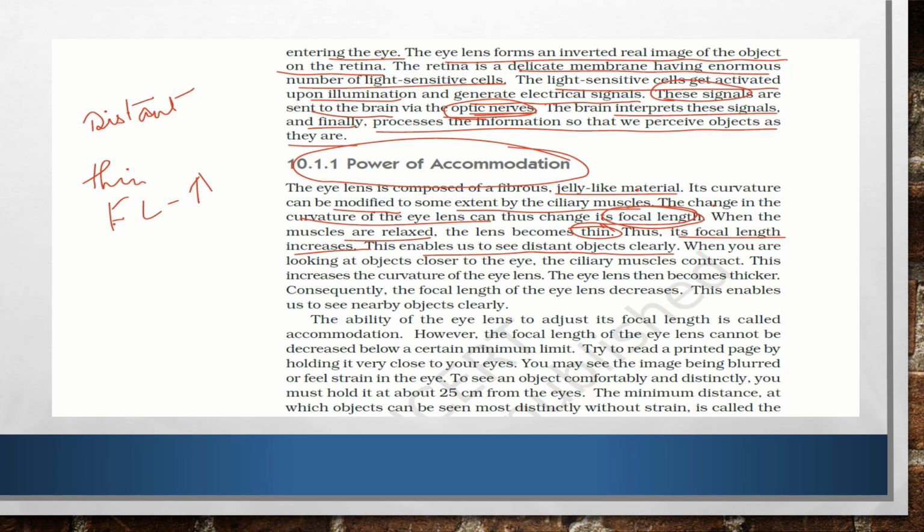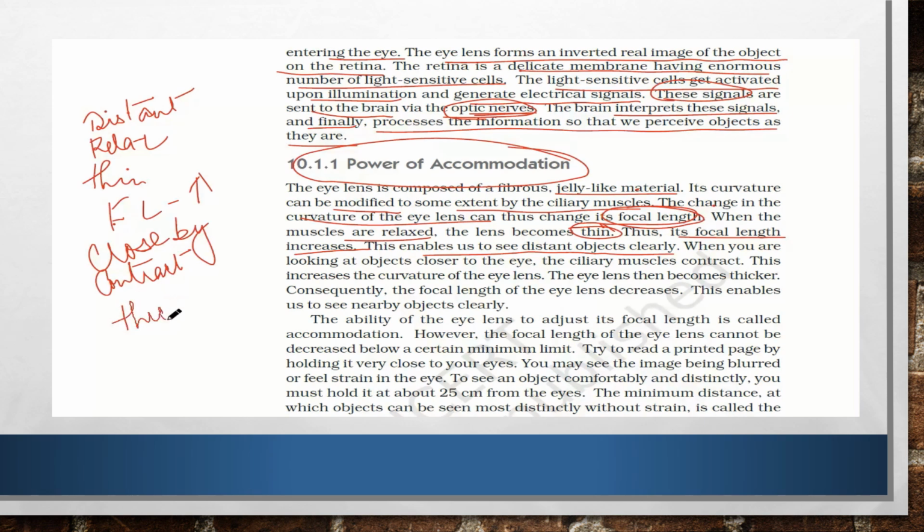Now in the second case, when we are seeing objects which are close by, what will happen? The ciliary muscles are relaxing in the first case when we are seeing distant objects. But when we are seeing nearby objects, the ciliary muscles contract. This contraction of the ciliary muscles causes the lens to become a bit thicker.